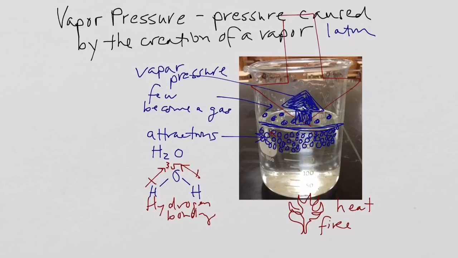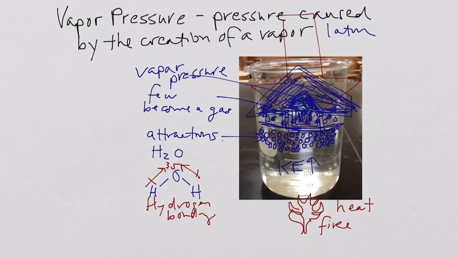They start moving faster, the kinetic energy goes up, so it's fighting against the attractions, and you would have more and more of these molecules becoming a vapor. So the vapor pressure is going to become bigger and bigger and bigger.